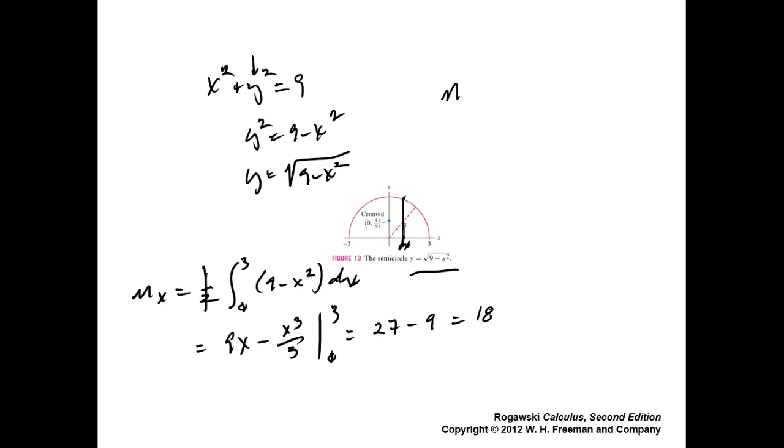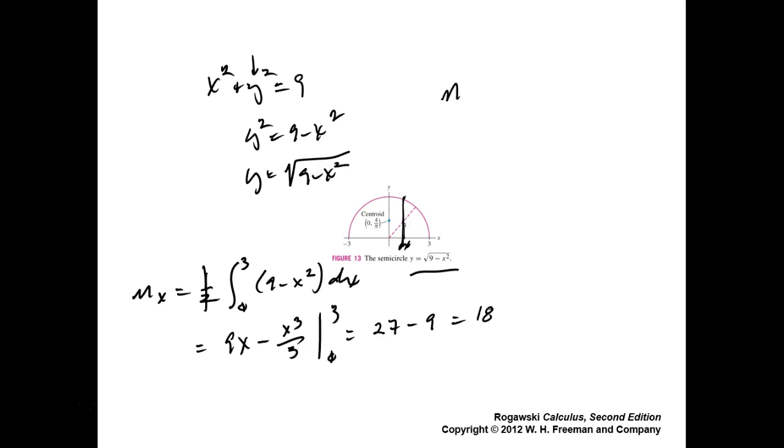Now, here's where we cheat again. Okay. What is the mass? What is mass? Area. What's the area of a circle? What's the area of a semicircle? 1/2 pi r squared.